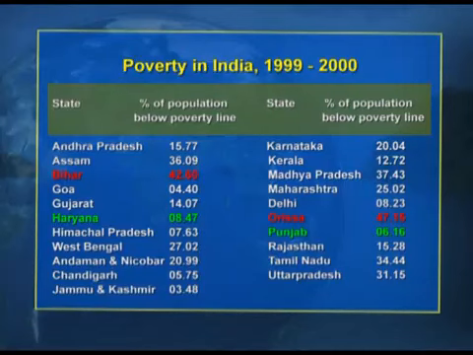Eradication of poverty has been the focal point in the strategy of the economic development of India. Now, we take up a table which tells us about the poverty in India for the years 1999 to 2000. This table has a number of states mentioned along with the percentage of population for those states below the poverty line.